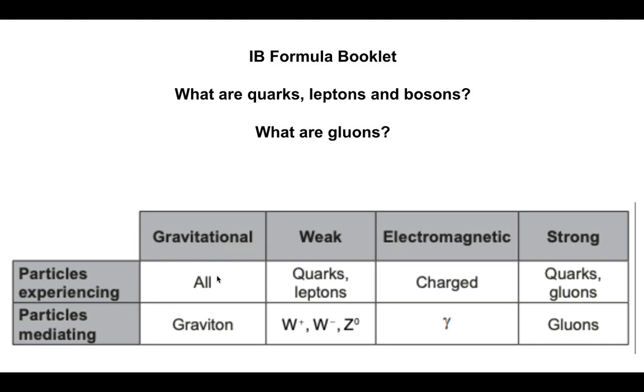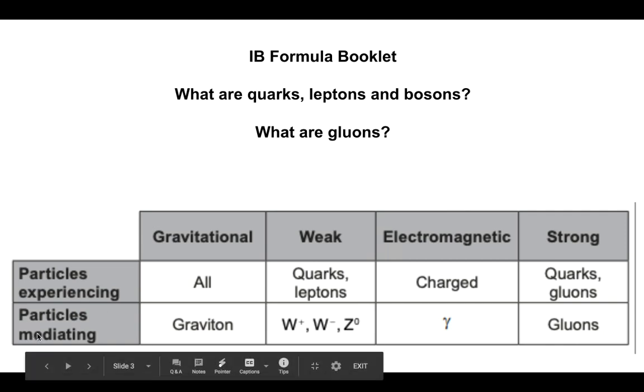That's what that means. So every single particle, as long as it has mass, is affected by gravity. But only quarks and leptons are affected by the weak nuclear forces, and only quarks and gluons are affected by strong nuclear forces. We'll talk more about that. And only charged objects are affected by the electrostatic or magnetic forces.